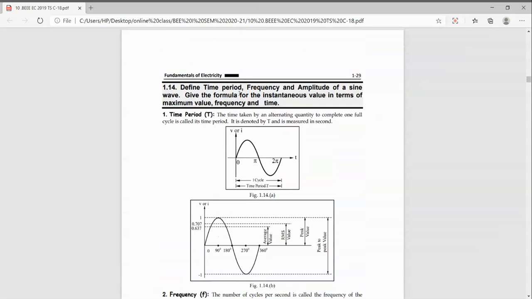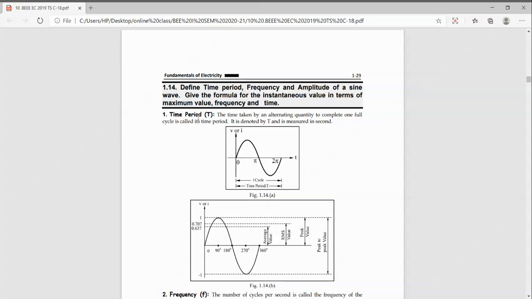And these are some terms: the definitions of time period, frequency, amplitude, instantaneous value, maximum value. These are the values which are mostly used for an alternating quantity.